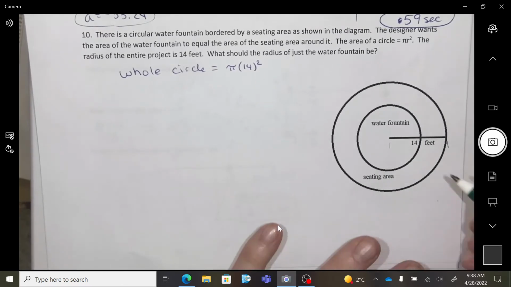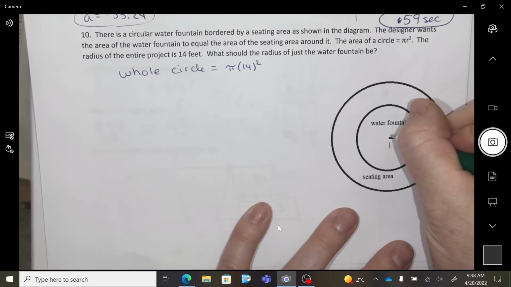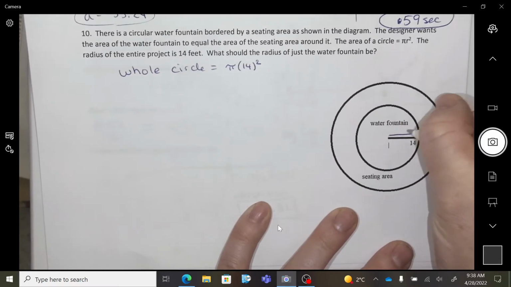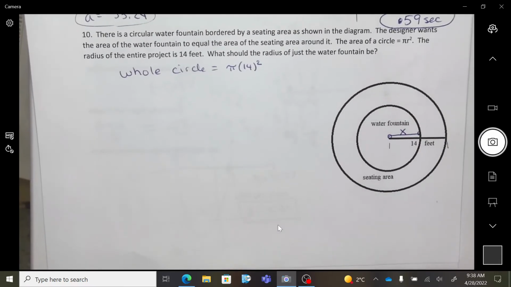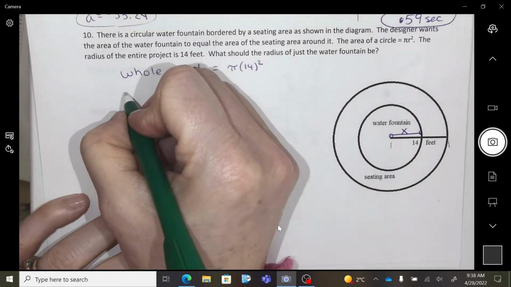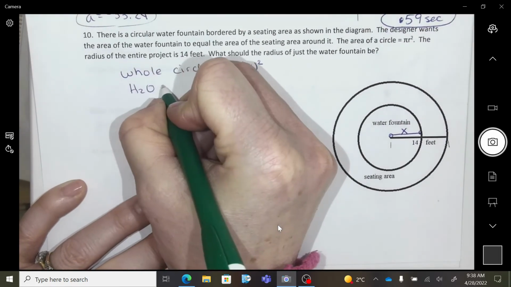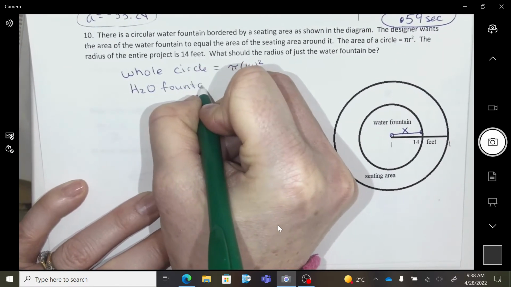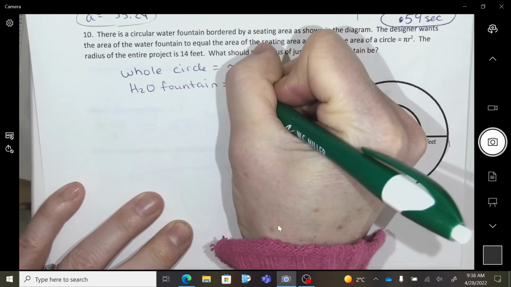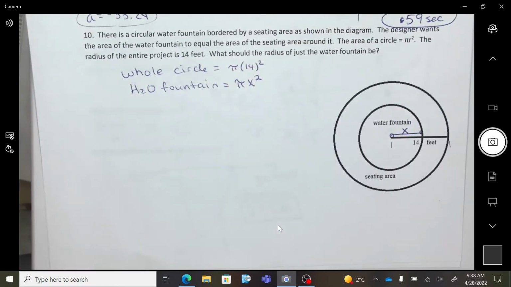Okay, now just that radius, we're going to call it x because we don't know it. So the water fountain is going to be pi x squared because we don't know.